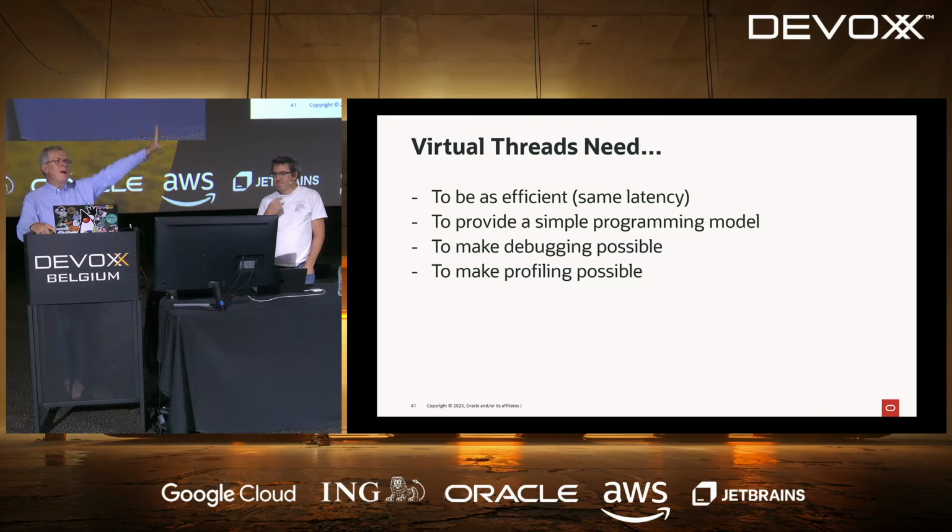Okay, that is the callback-based approach, you don't want that anymore. You want to be able to come back to the one thread, one request model, because it's much simpler. And actually, if you can achieve that, you'll be able to fall back to this model naturally. And it needs to make debugging possible, that is to have meaningful stack traces, and profiling possible for the same reason.